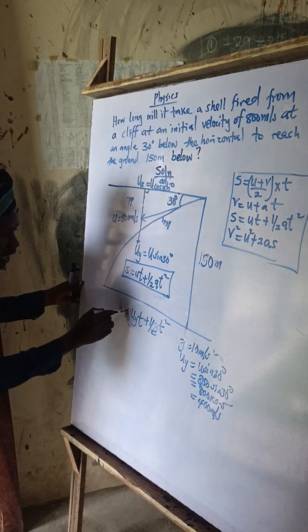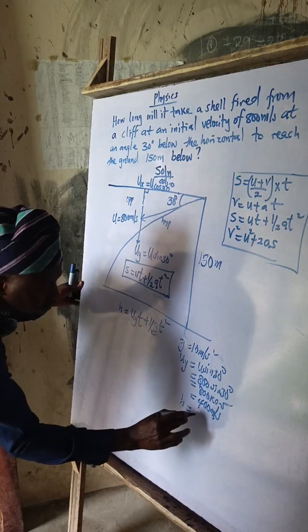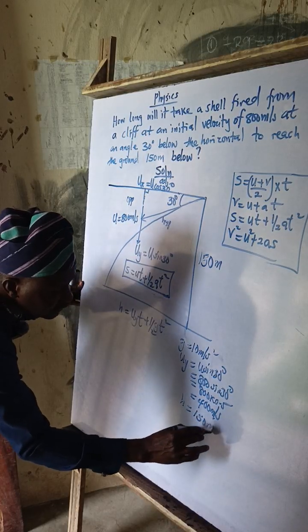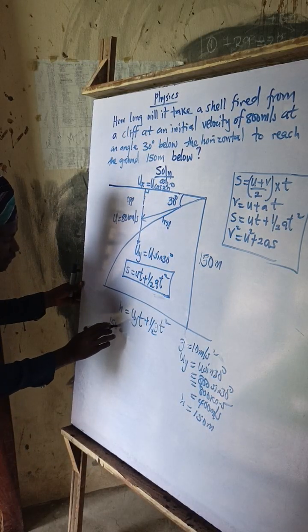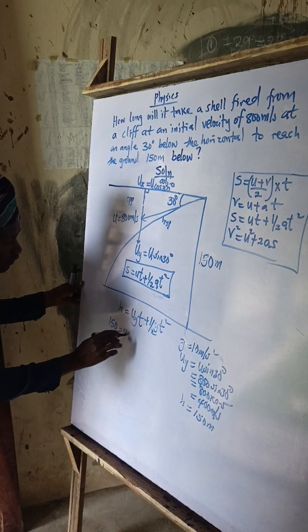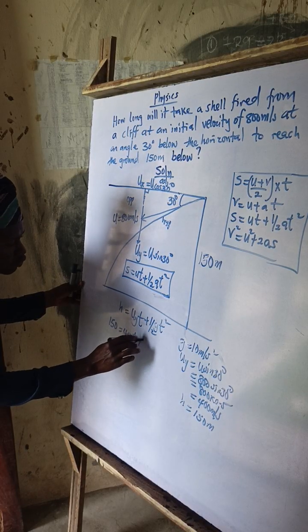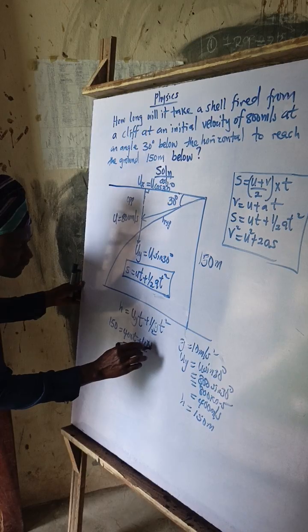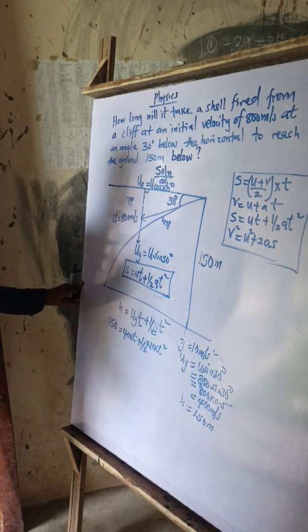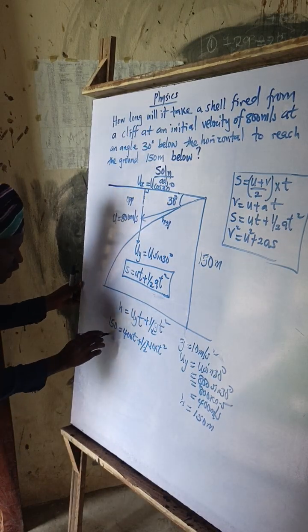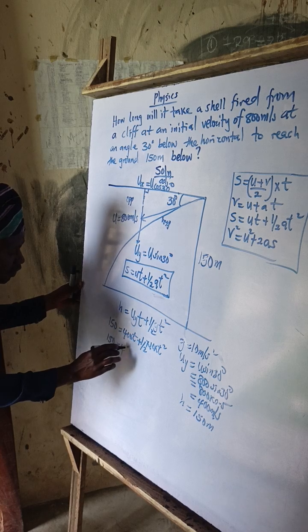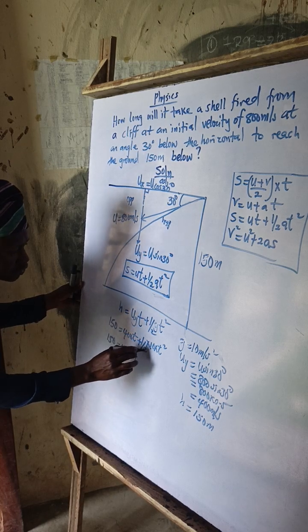So we have h. h is 150, so the vertical distance, 150 meters. We have 150 meters equals u_y, which is 400, multiplied by t plus 1/2. g is 10 multiplied by t raised to power 2. Now, in this case, we have 150 equals 400t plus 2 goes in 10, that is 5.